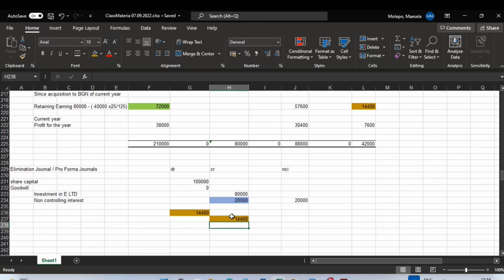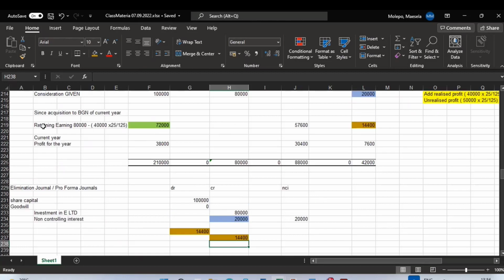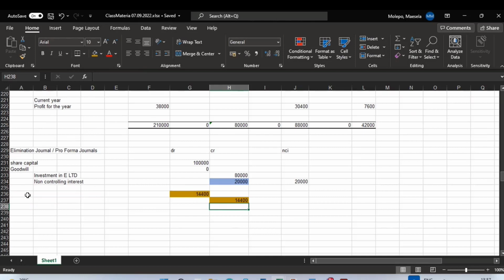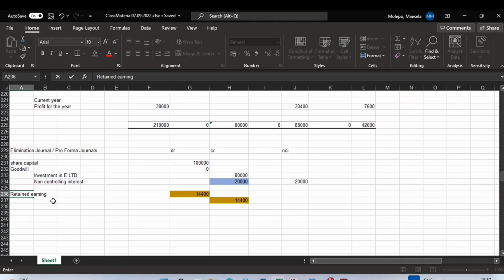So it was non-controlling interest on the S. It came as a result of the retained earnings of the subsidiary, which was increasing. Since it was increased on the credit side, but now we are eliminating it, we're going to debit it. And then it will be debited by non-controlling.